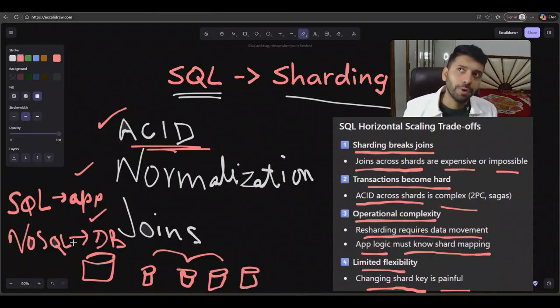But for now, just remember, SQL is good for ACID properties and consistency. It would be used for financial transactions and banking apps. It is good at normalization.